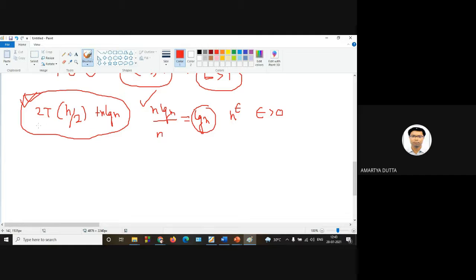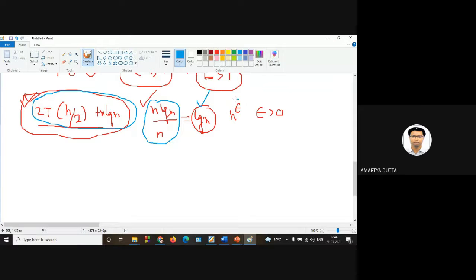This is a very important master theorem question asked in interviews. Suppose 2T(n/2) + n log n. Can we apply the master theorem directly? No. Why? Because f(n) divided by n^(log_b a) is n log n by n, which is log n. This is not asymptotically larger than n^epsilon.